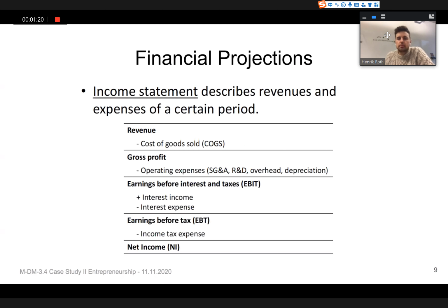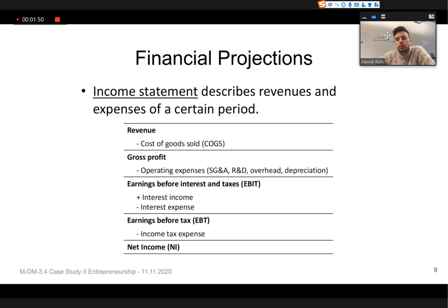In general, there are different financial documents in a company, and one of the most important ones is the income statement. It basically describes the revenue and the expenses side. On the top, you have the revenue, so all the money which you make with your company.